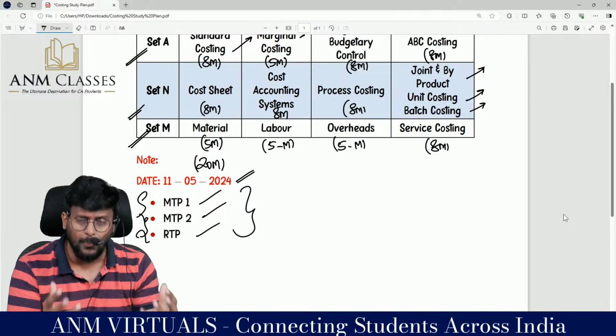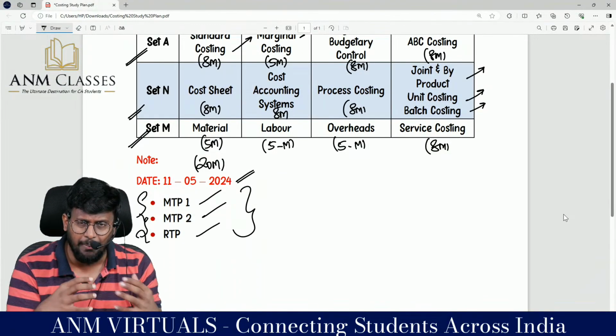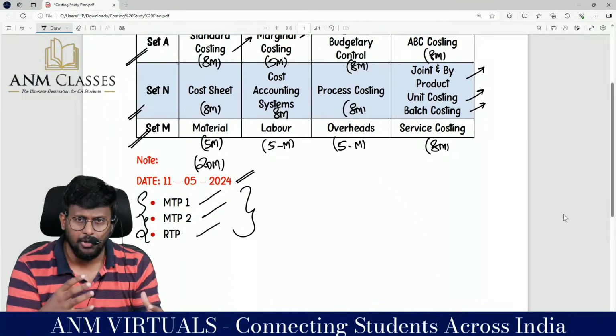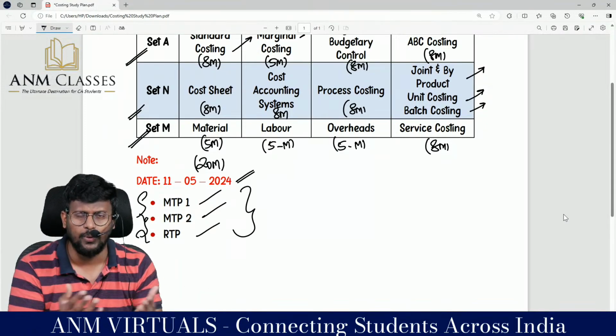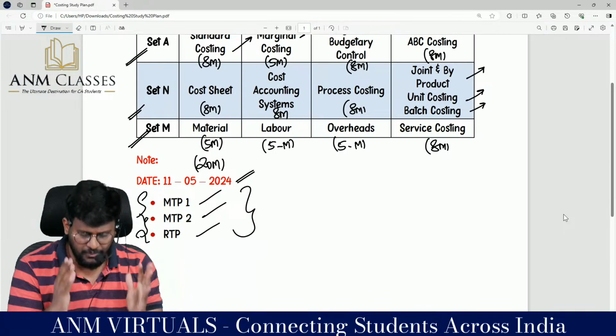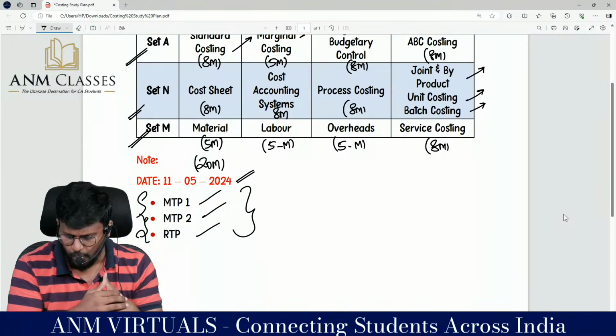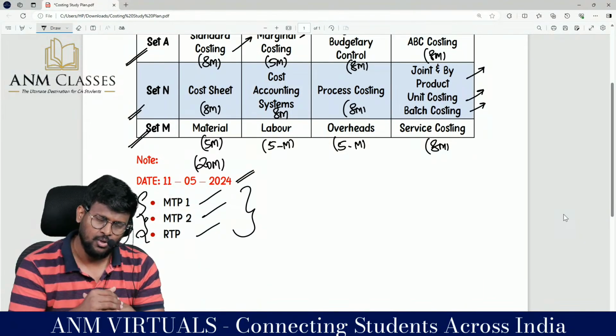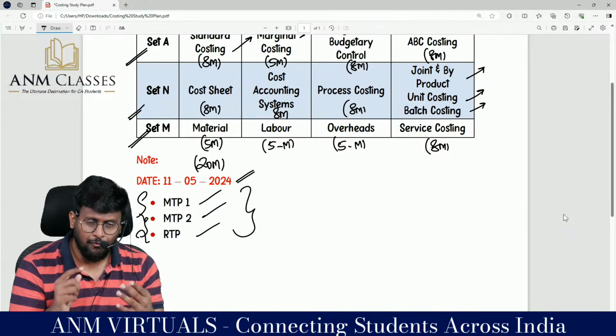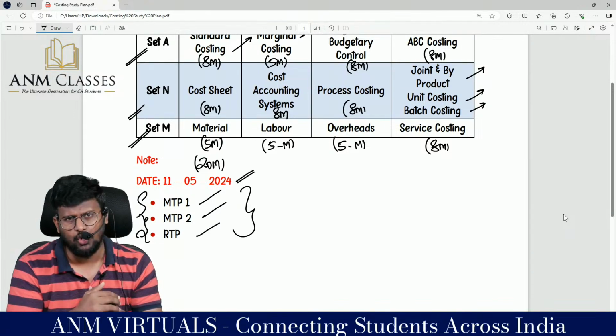I am wishing you all the very best, and I will give you the audit revision plan at the appropriate time, because now it's high time for doing costing. So think very positively, practice a lot, practice the same question again and again and again instead of going for new questions. 4 days is more than enough for costing.